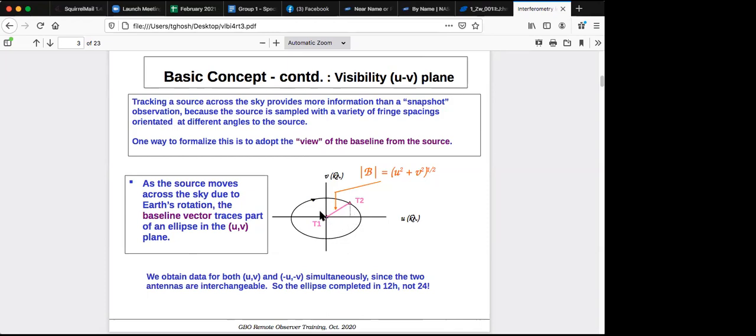You must have heard the term UV coverage, and if you have made interferometric maps yourself, you have probably dealt with UV coverage, UV coordinates and visibility as a function of U and V. We'll come to that. This is your synthesized telescope, and it determines the spatial resolution of the maps that you're making.